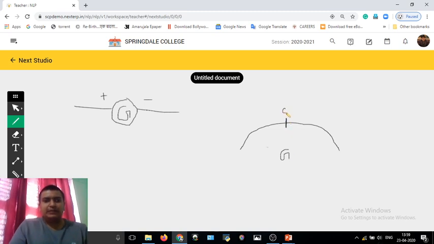Here is 0, and on either side are 1, 2, 3, 4 and negative 1, 2, 3, 4. The needle is over here. So a galvanometer gives you the sense of whether current is flowing in the circuit or not. It is used to detect the current, not for measuring the current.